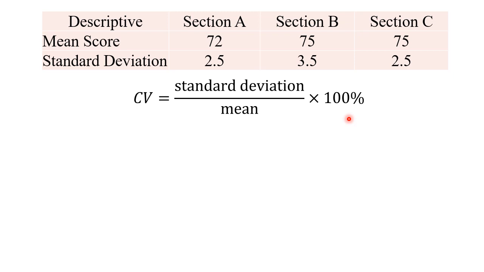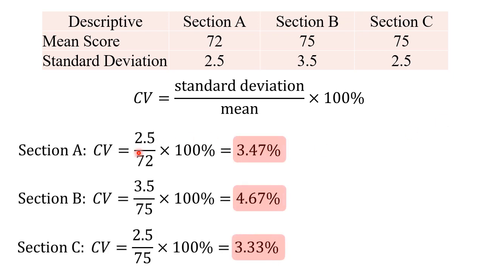Among the three sections, if you convert their grades and find out the individual grades, which gives us more varied or least varied individual scores based on the mean and standard deviation? We can see here clearly, class, that the highest percentage is 4.67 and the lowest percentage is 3.33.